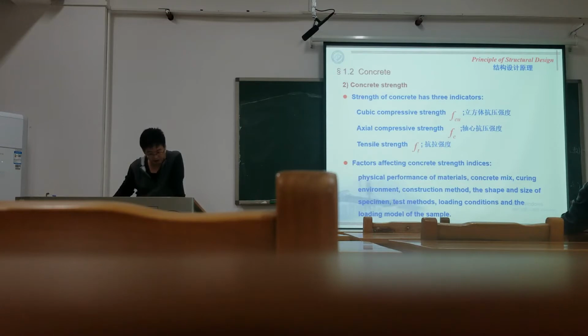And for the concrete, these three indicate FCU, FC, and FT. Do you still remember? Yeah, cubic properties. Cubic. So what's the size of the specimen used in the experiment to get this value?